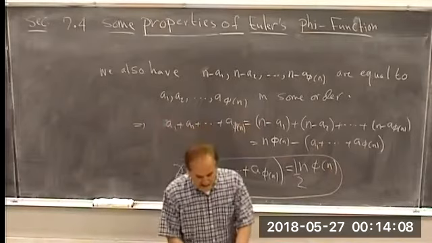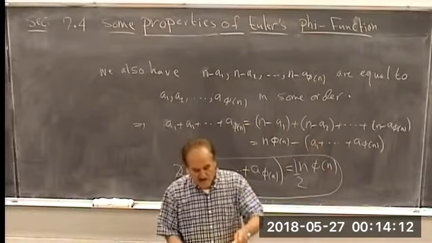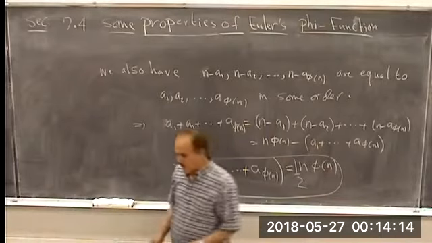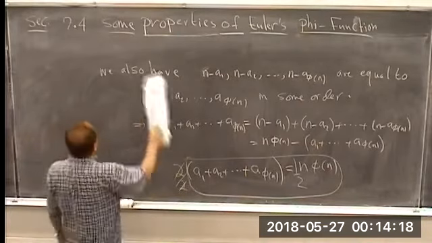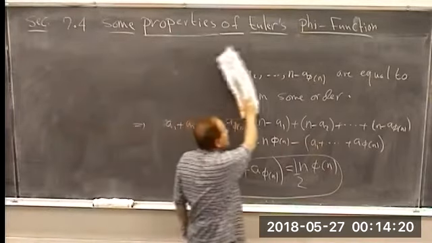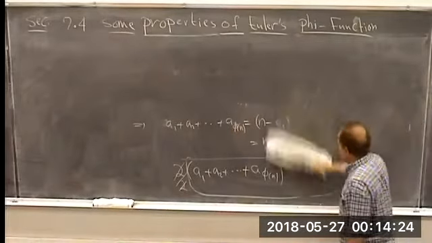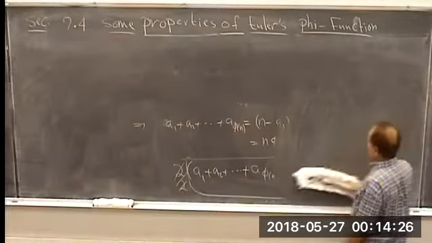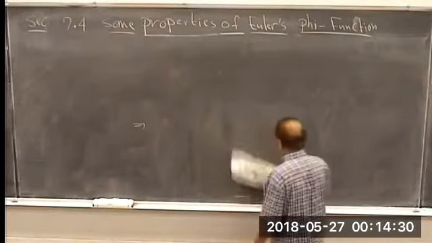All right, next we want to apply the Mobius inversion formula to the previous theorem, the previous identity that relates n to the sum, which says that n is equal to the sum of the values of the phi function.